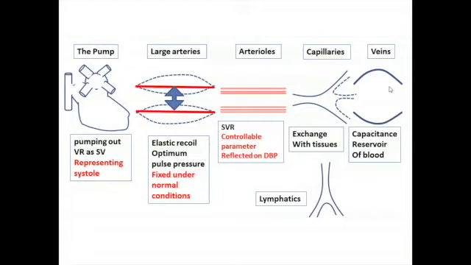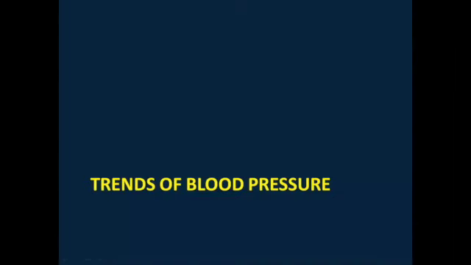So 15% is in the heart, the larger arteries, arterioles, and capillaries, and 80 to 85% is in the veins. The veins are very compliant, and if you infuse extra volume of blood or fluid, it can be stored easily in the veins because of the high compliance.